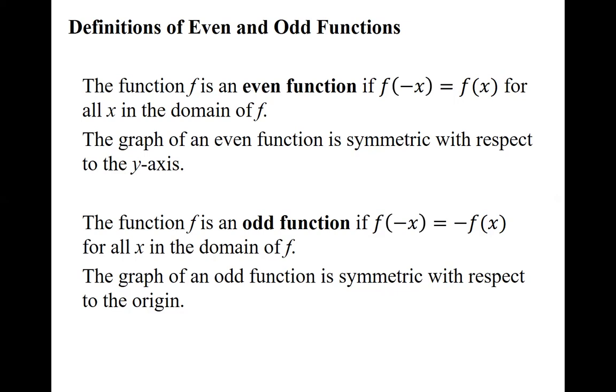So y-axis symmetry gives us an even function. An odd function is not x-axis symmetry, though. It's actually origin symmetry. If f of negative x equals negative f of x, we have an odd function. Odd functions are symmetric with respect to the origin.